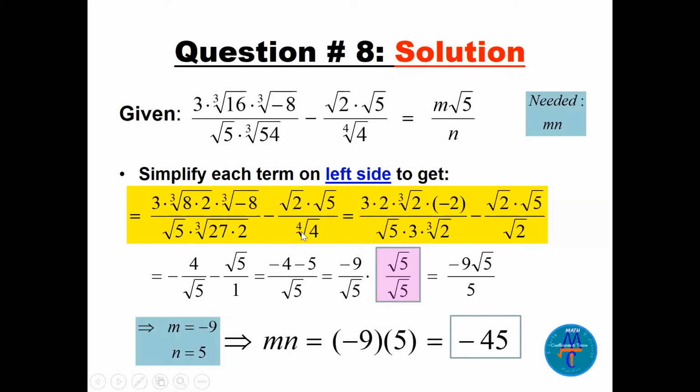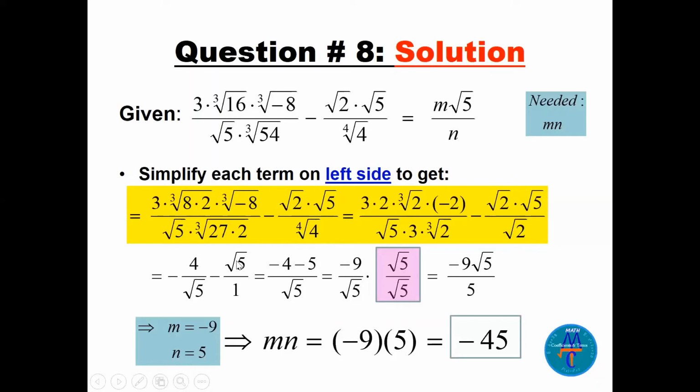Now, fourth root of 4, you can write the 4 here as 2 squared. 2 squared, you see this 4? 2 squared, 2 to the power 2 multiplied by 1 over 4, 2 to the power half, so square root of 2. This will be square root of 2 here. So we cancel that with the square root of 2.